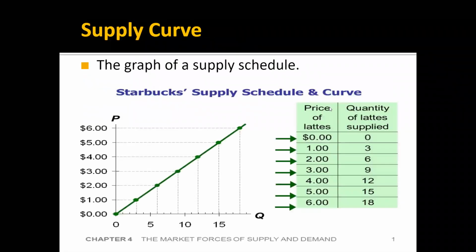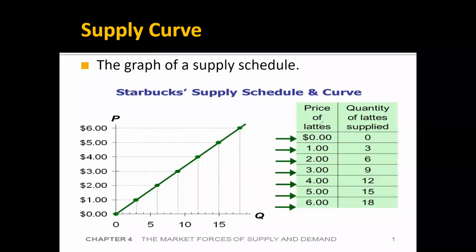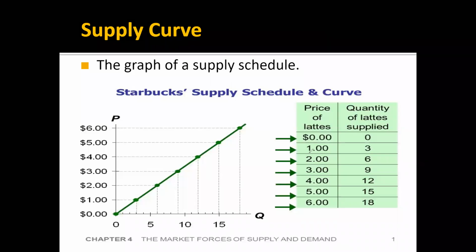Now, just like with demand, that supply schedule, we take each of these different prices here and we plot them out. At $1, Starbucks is going to be willing to supply 3. So $1, provide 3. At $3, they're going to provide or supply 9 lattes.